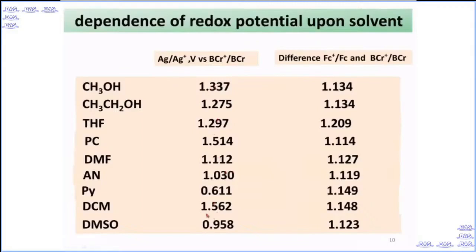So with dichloromethane, the most plus, and with this, the most minus. So an uncertainty of 1 volt is there, an uncertainty between the potentials.